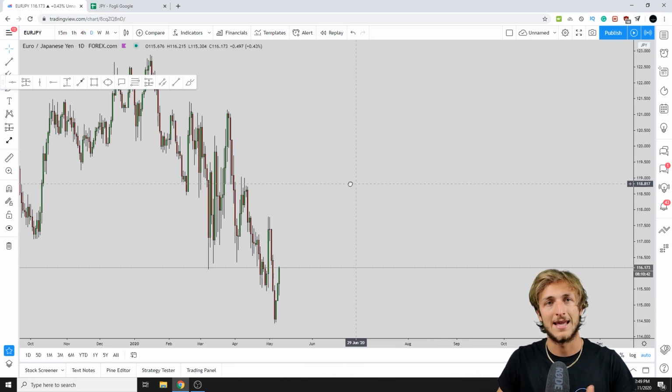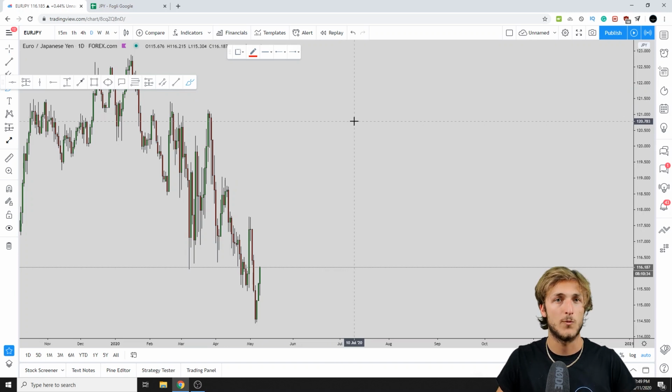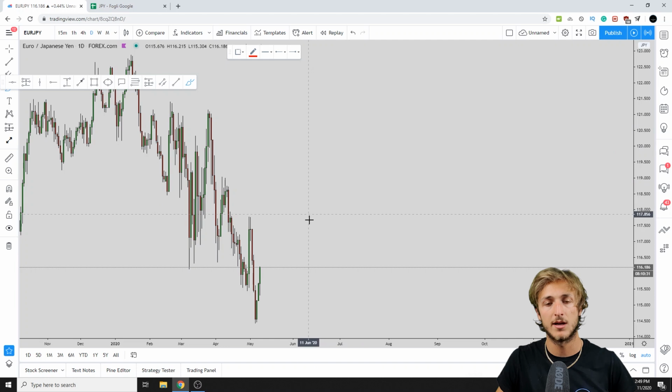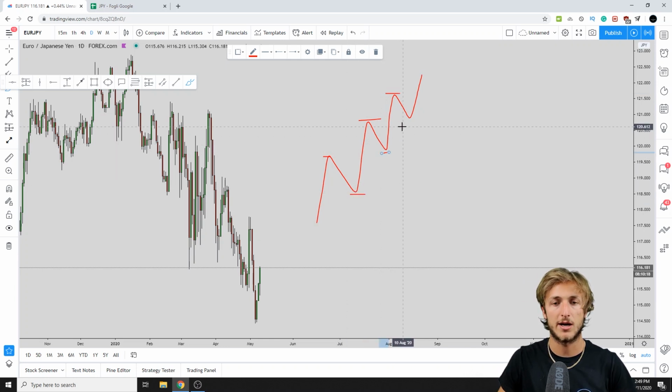Now, first of all, let's start from the basics, the definition of a trend. A trend is a movement in the market. Basically, the way in which the market moves is either by creating higher highs. So in an uptrend, the market will create higher highs and higher lows. These highs here are all one higher than the other one, and these lows here are all one higher than the other one.